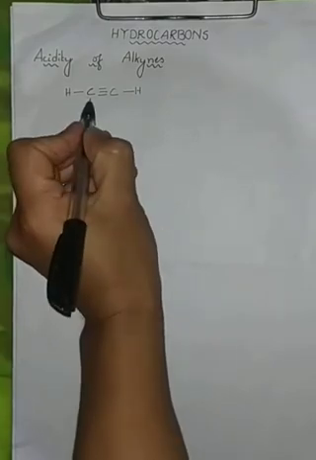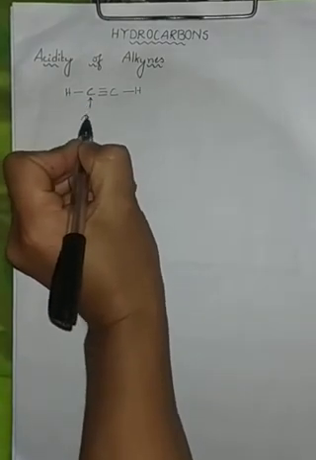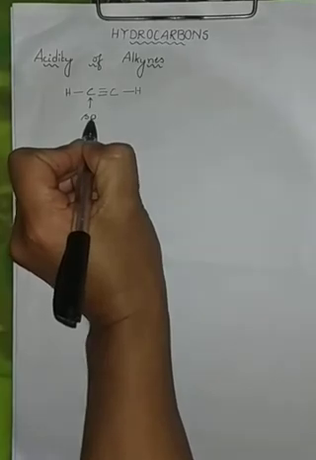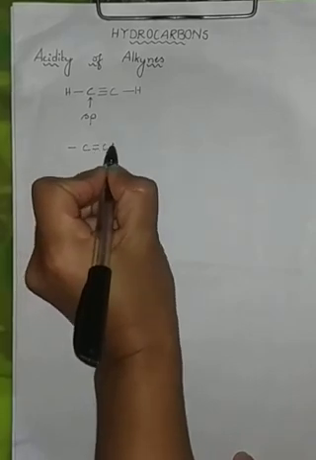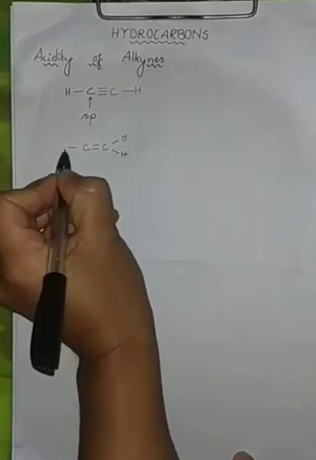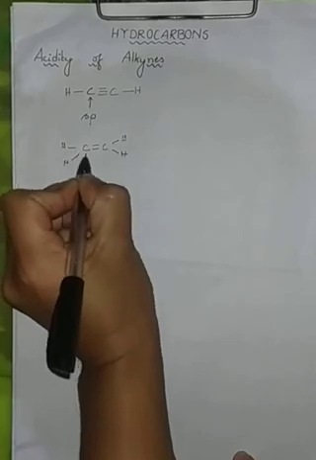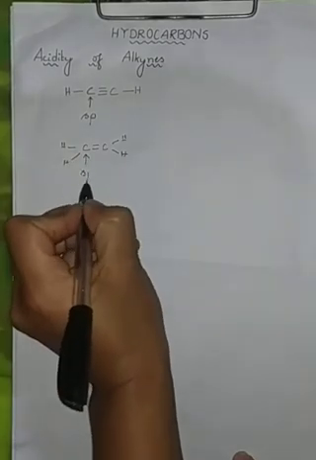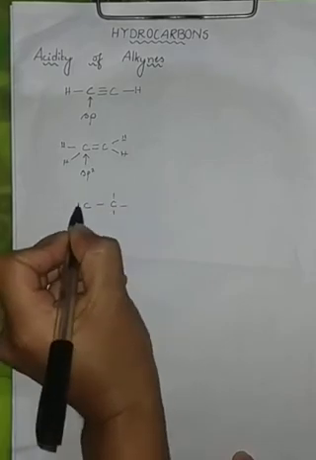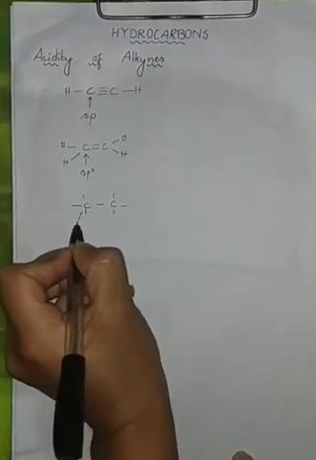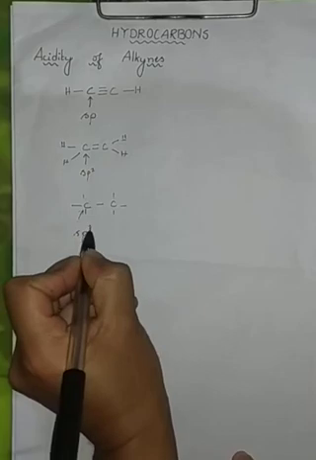Now in alkynes the carbon is sp hybridized, while in alkenes both carbon atoms are sp2 hybridized, and in alkanes the carbon atom is sp3 hybridized.